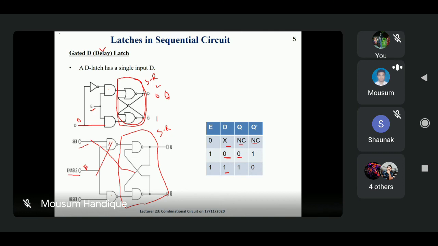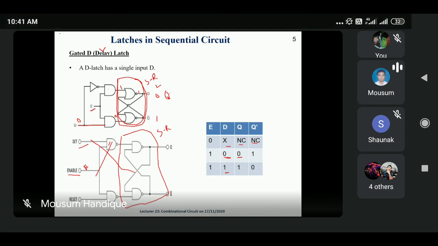You can consider whatever the value, maybe 1 or maybe 0, and whatever the combination you consider here, it is no problem. But remember D must be 0. Okay, that time what happens? When D equal to 0, Q is also 0. When D equal to 1, Q equal to 1.